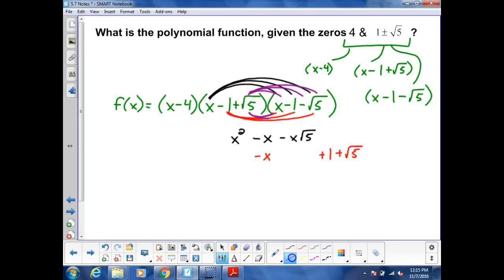So then I get plus x times the square root of 5 minus the square root of 5, and then I get minus 5 there, because positive square root of 5 times negative square root of 5 gets me negative square root of 25, which is minus 5.